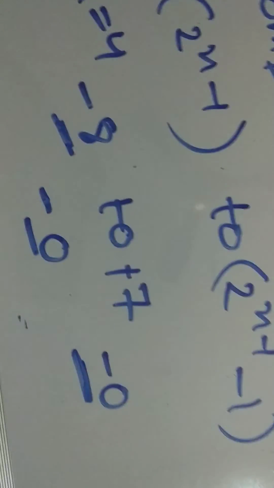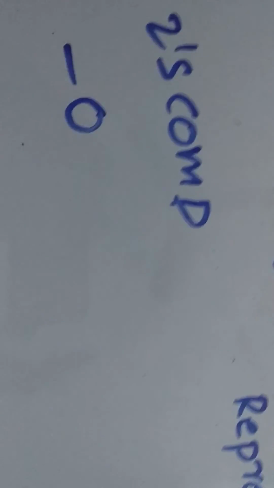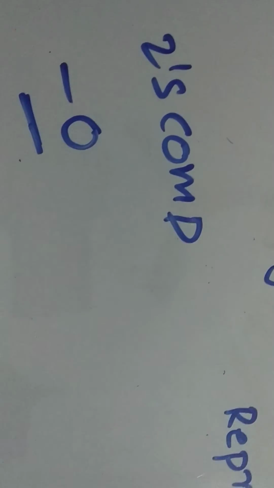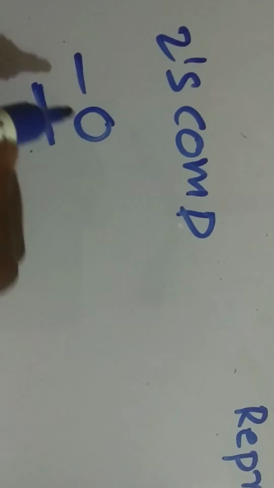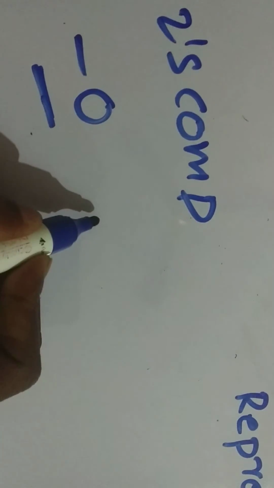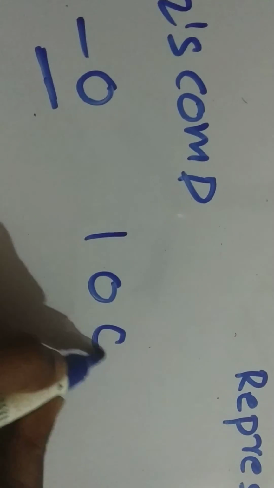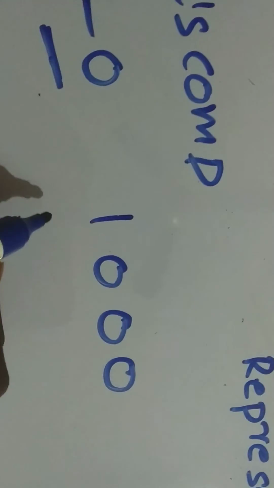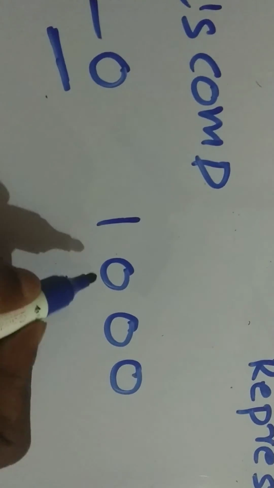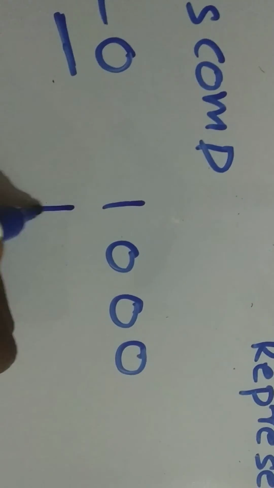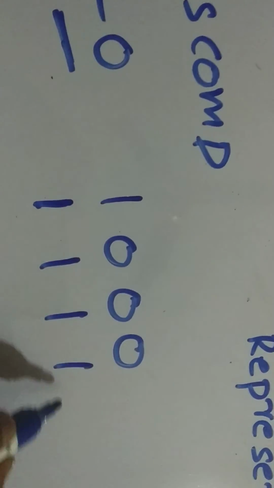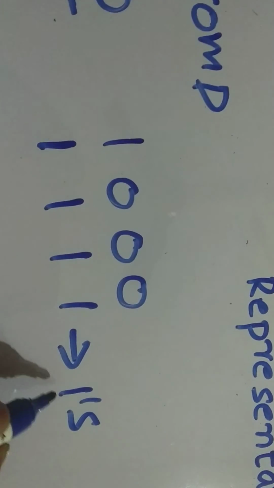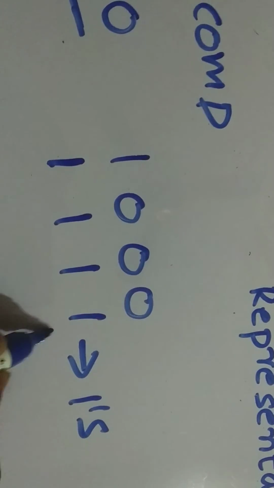So I'm going to explain why we don't have minus 0. As you can see, minus 0 can be represented in sign magnitude form as 1 0 0 0. So how are we going to represent it in 1's complement form? Take the complement: 1 1 1 1. This is in 1's complement form. Add 1 to it so that we get the 2's complement form.